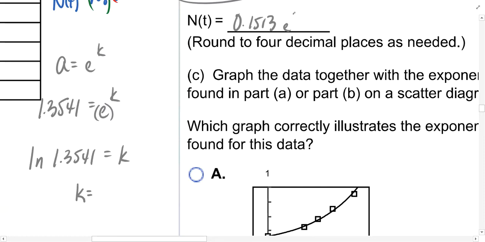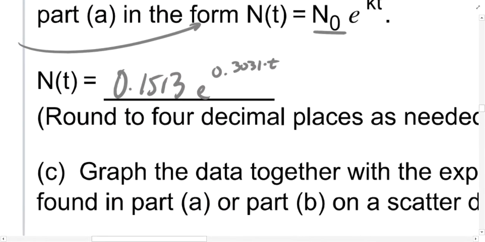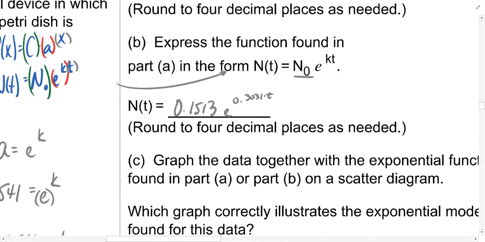So I'm going to call this e to the 0.3031 times t.